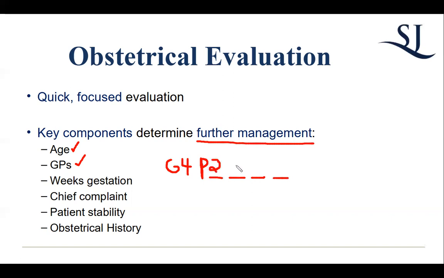How about this second column? Preterm births. Okay. And the third is the abortus. That counts ectopic pregnancies, voluntary terminations, spontaneous miscarriages. So say 1, and the last column, living.